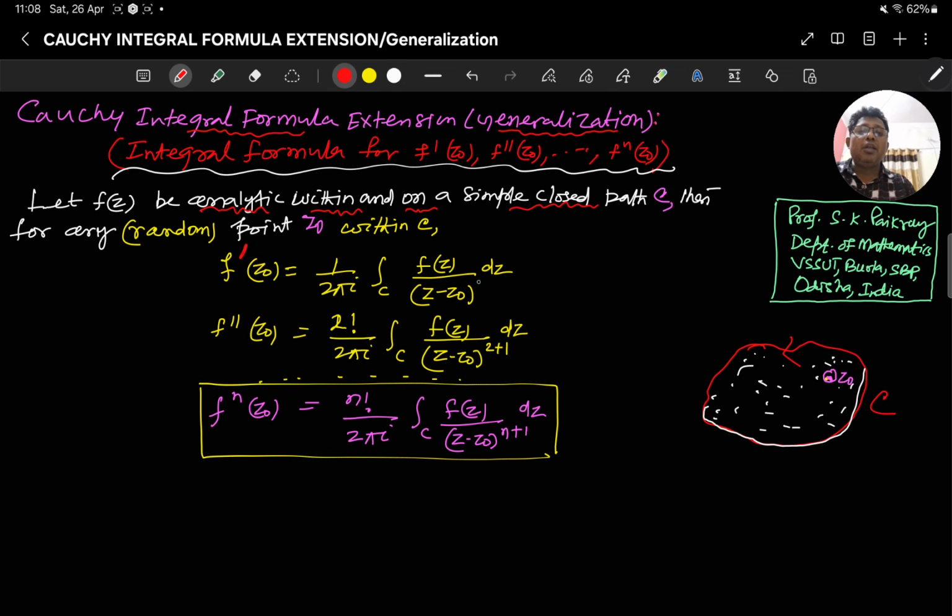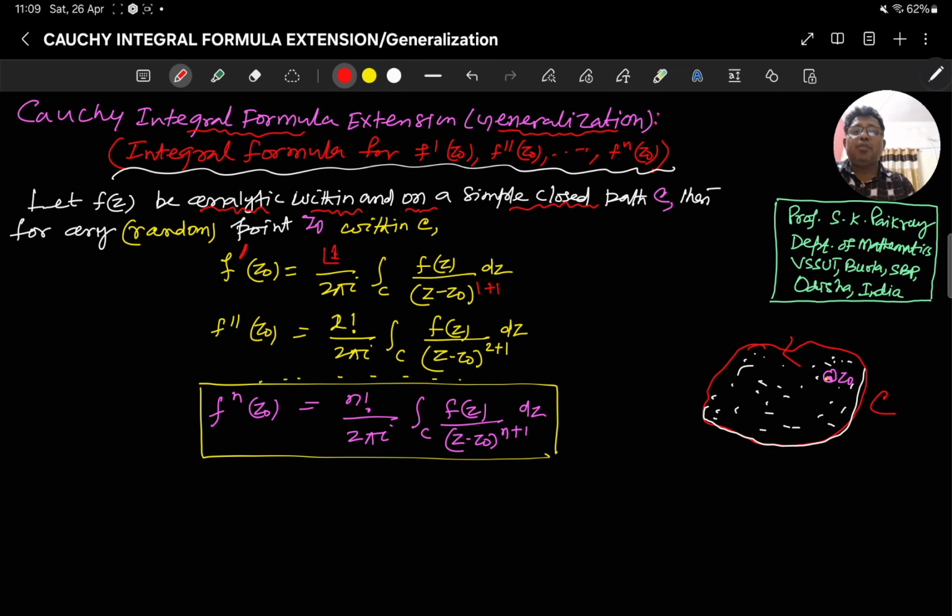If the power in the denominator is 2, that is 1 plus 1, then we have factorial 1 by 2 pi i times the integral. So when the power is 2, which is 1 plus 1, the first derivative has factorial 1.